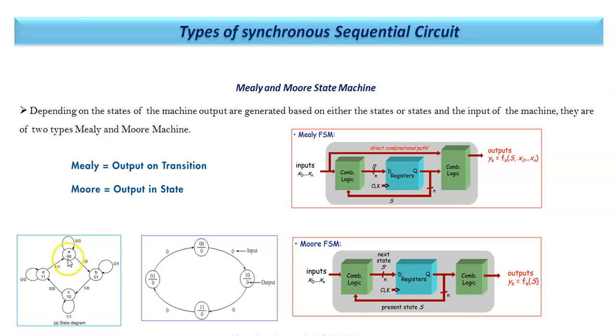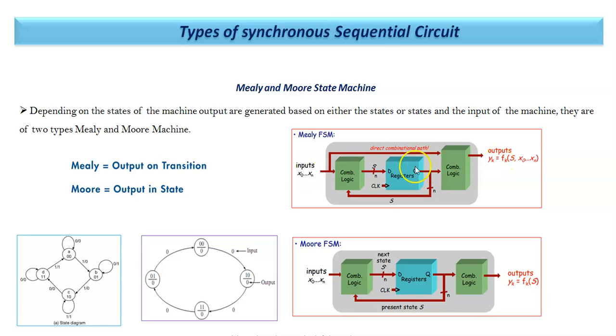I am here. My next state will be this if input is 1, and in that case output will be 0. So my next state as well as this output depends upon my present state as well as this input. If input is 0, then my next state will be the same, that is A, because a self loop is there, and output is 0. So in Mealy, my output and next state depend upon the present state as well as the input.